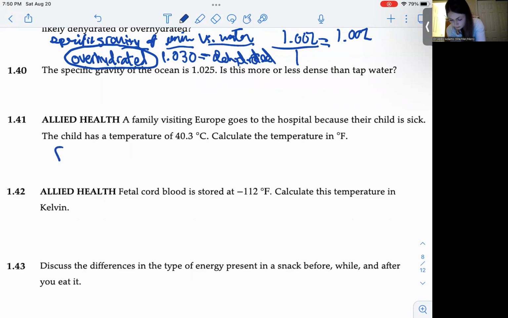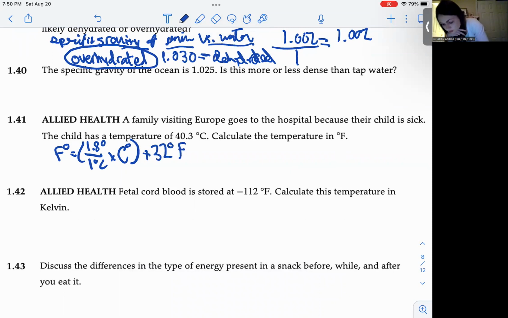So that equation, if you flip back, is 1.8 degrees Fahrenheit over 1 degree Celsius, times, because we're going to cancel out, plus 32 degrees Fahrenheit.